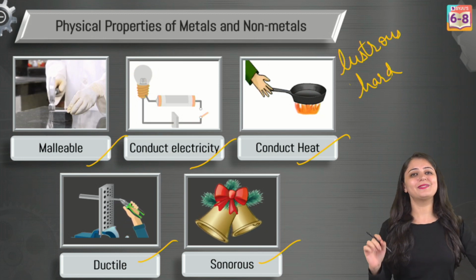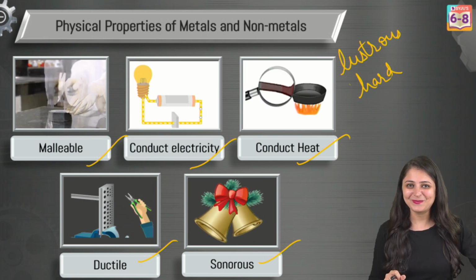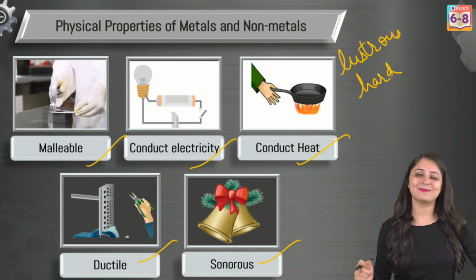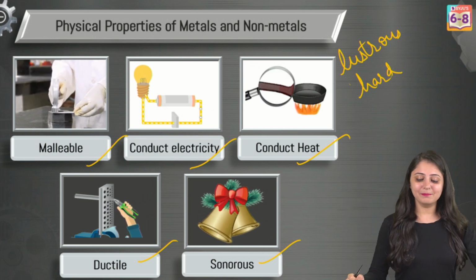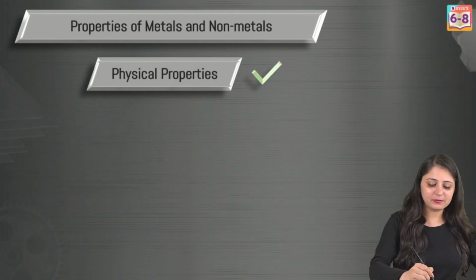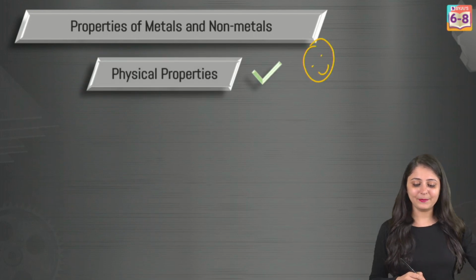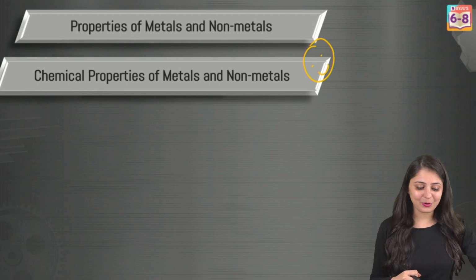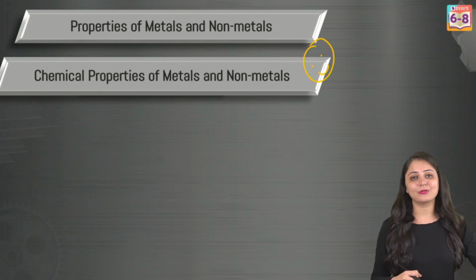You know, in chemistry, we very conveniently use the term generally. So yes, a lot of exceptions are there, but generally speaking, all this is applicable when we talk about metals. So physical properties, we know it all. So I can put a smiley face out there. Now it's time to understand the chemical properties of metals and non-metals.